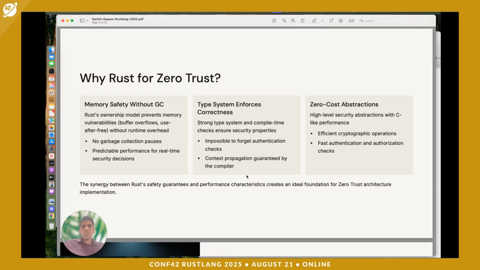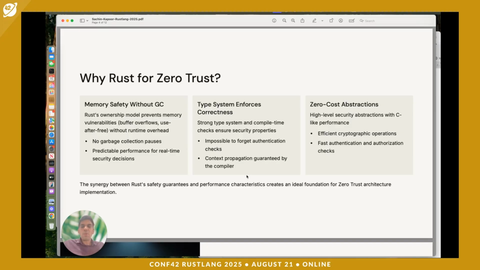First and foremost, systems built using Rust get the advantage of the Rust ownership model, which prevents memory vulnerabilities like buffer overflows and use after free. This is a big trust advantage for systems built using Rust. Rust also provides predictable performance, which helps with real-time security decisions using metrics and other telemetry the ecosystem provides.